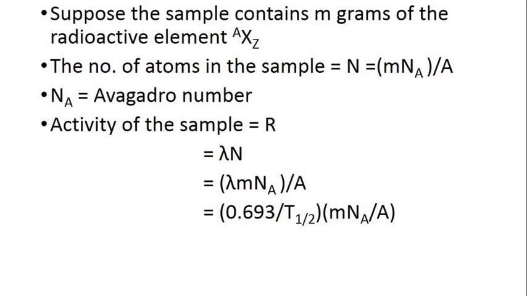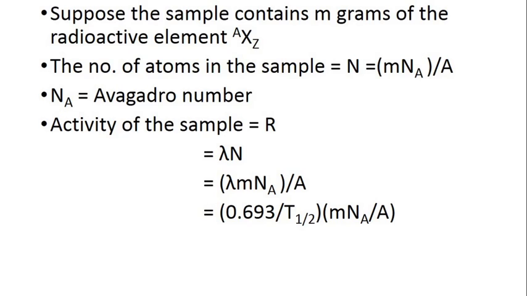Let's see how we can calculate the activity of a given sample. Suppose the given sample contains m grams of the radioactive element X. Then how will we calculate the number of atoms?